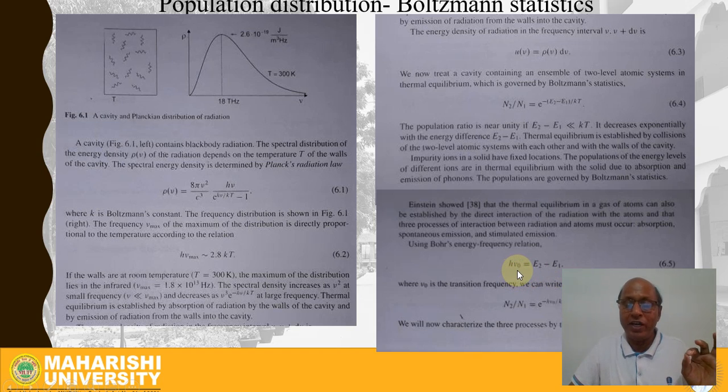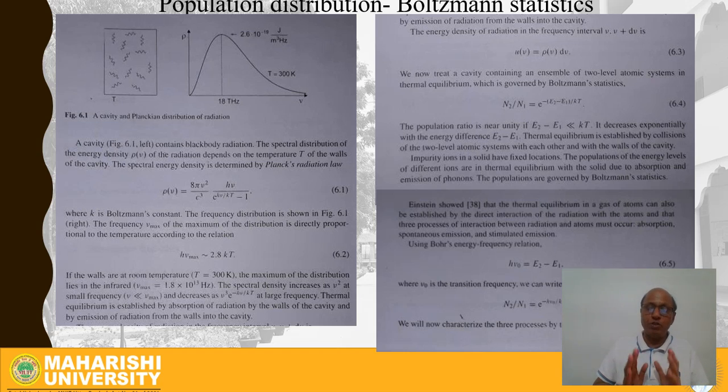Because we are trying to identify a transition frequency with that energy gap which will be needed for an electron to transit from atomic level 1 to atomic level 2. Now, if we follow this, then our population ratio n2 upon n1 becomes e to the power minus h nu 0 upon kT. So this is the population distribution ratio as per Boltzmann statistics.